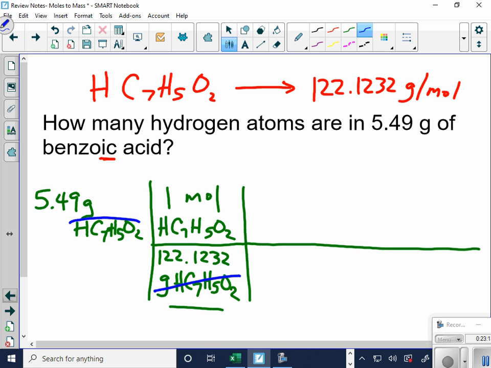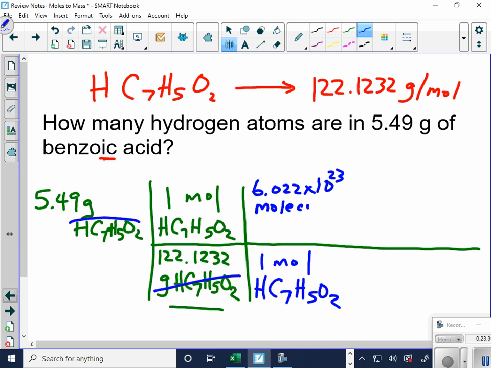My next step, my second step, was I need to go from moles to molecules. So I know that 1 mole of benzoic acid has Avogadro's number of molecules of benzoic acid.